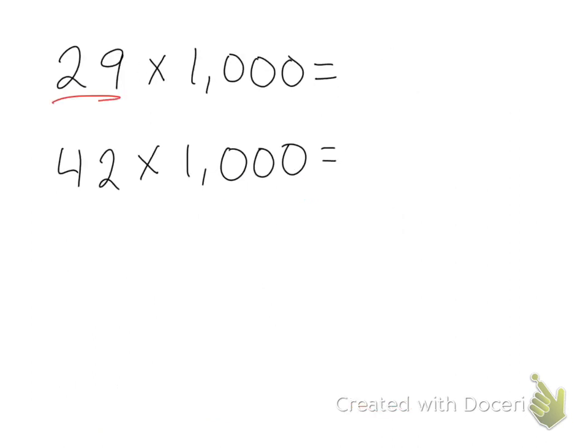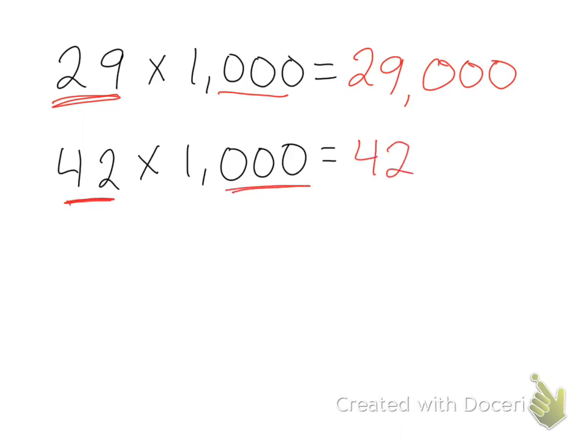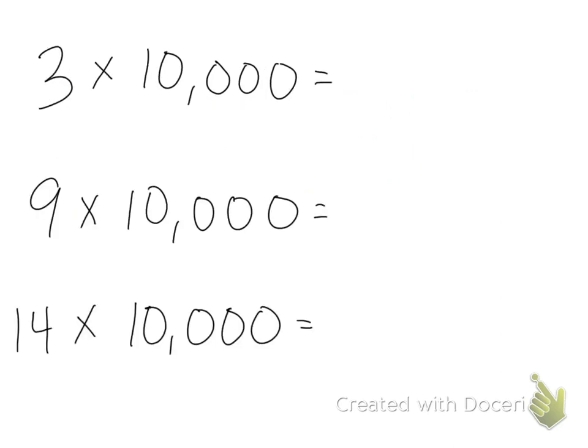It's going to be 29 with 3 zeros after it. So my answer is 29,000. For 42 times 1,000, my answer is going to be 42 with 3 zeros after it. So 42,000.